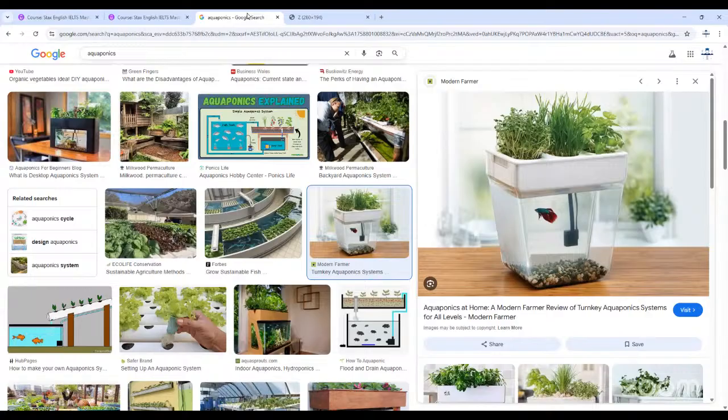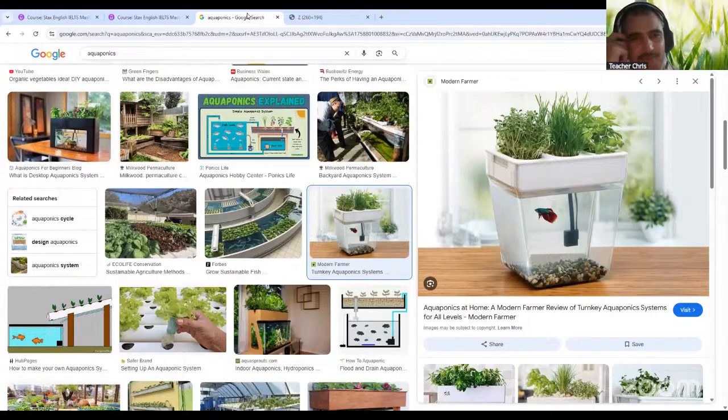And maybe the fish can nurture the plant. Yes, you can nurture plants.